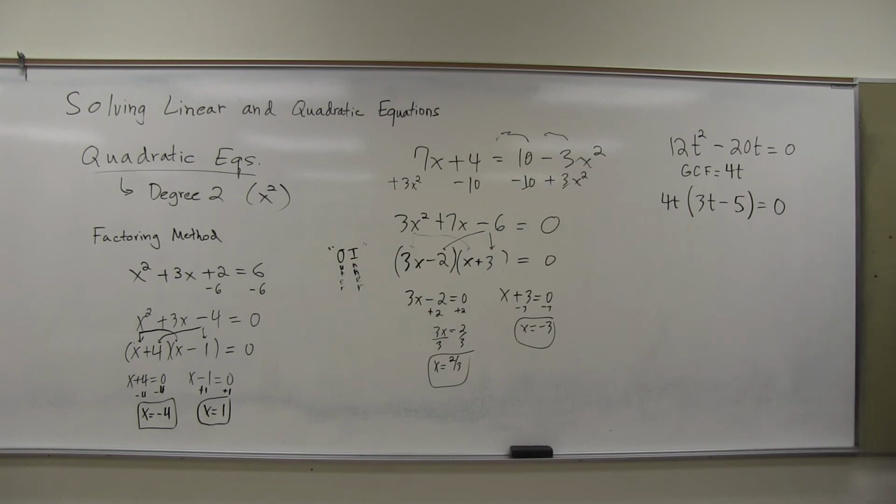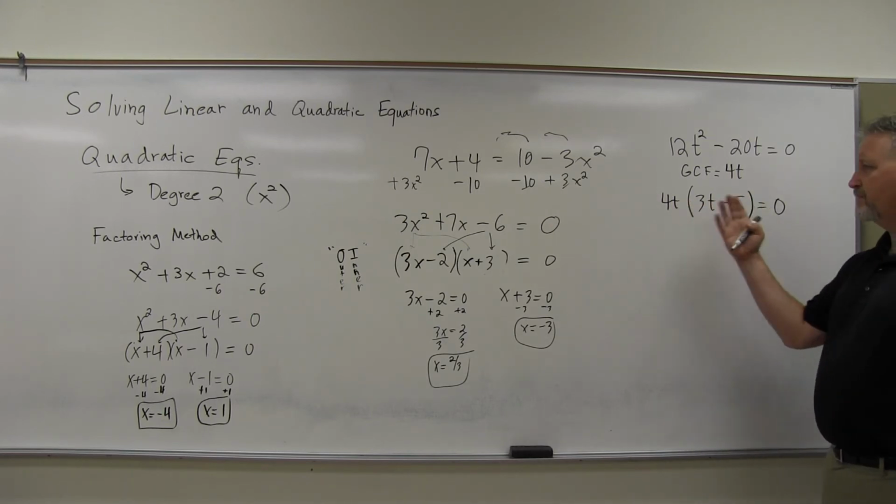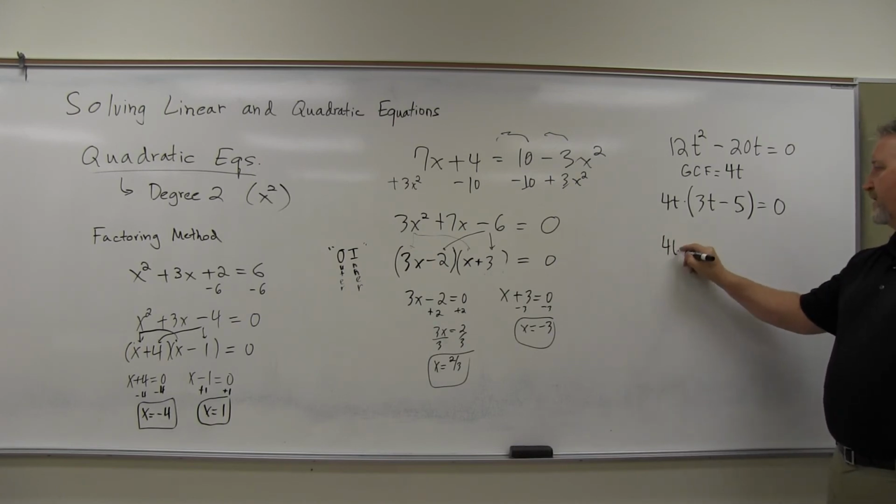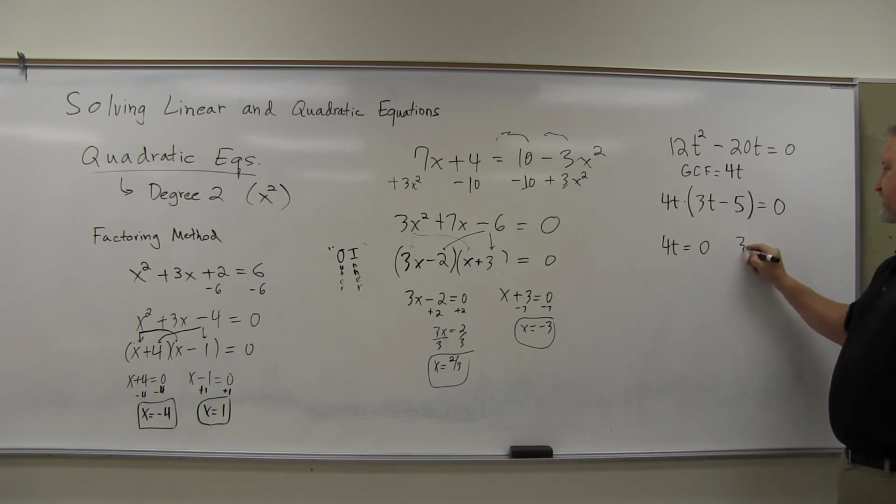Those common factors will come up, and that helps us a lot in factoring, because it makes the other part simpler. Now, just like before, we've got two things multiplied together, and that equals 0. We need to set those equal to 0.